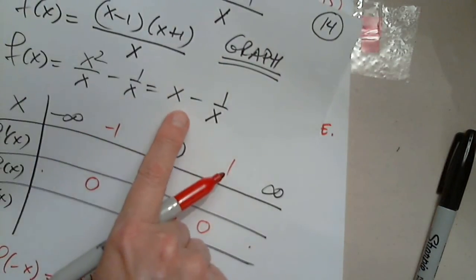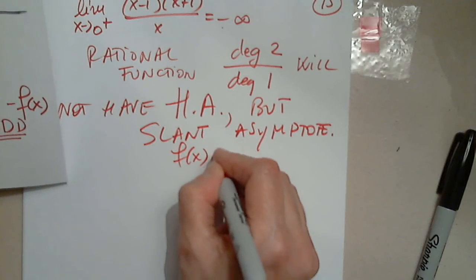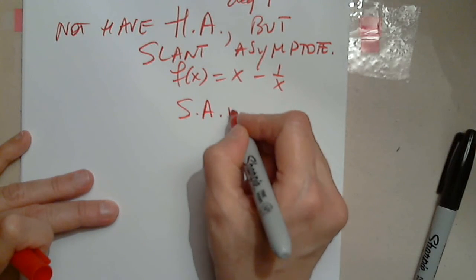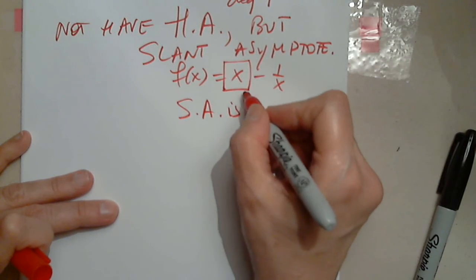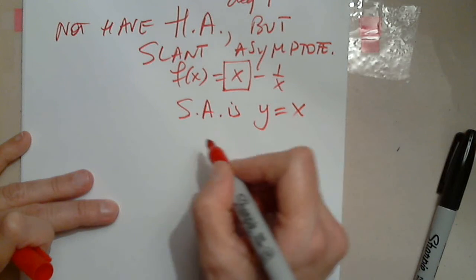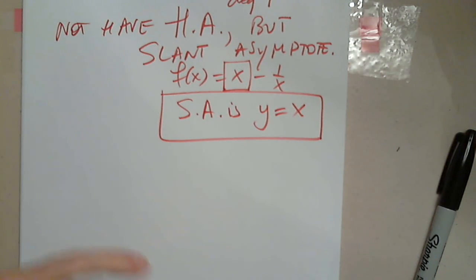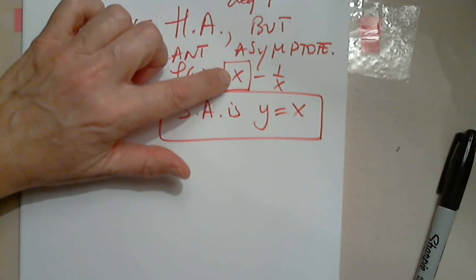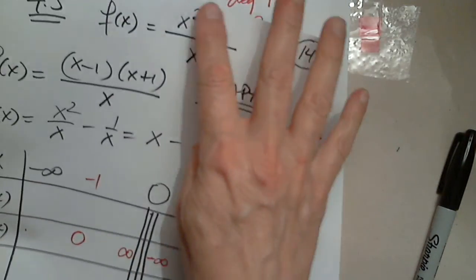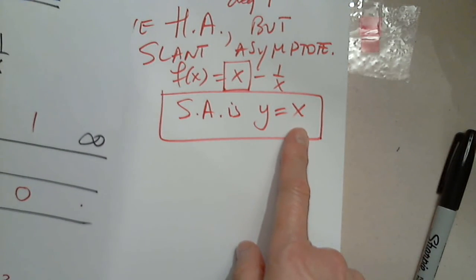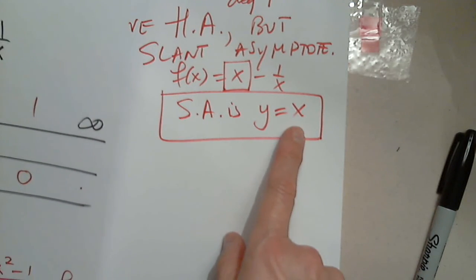That's another reason why I wrote this. The slant asymptote is the quotient of this division, which is just x in this case.